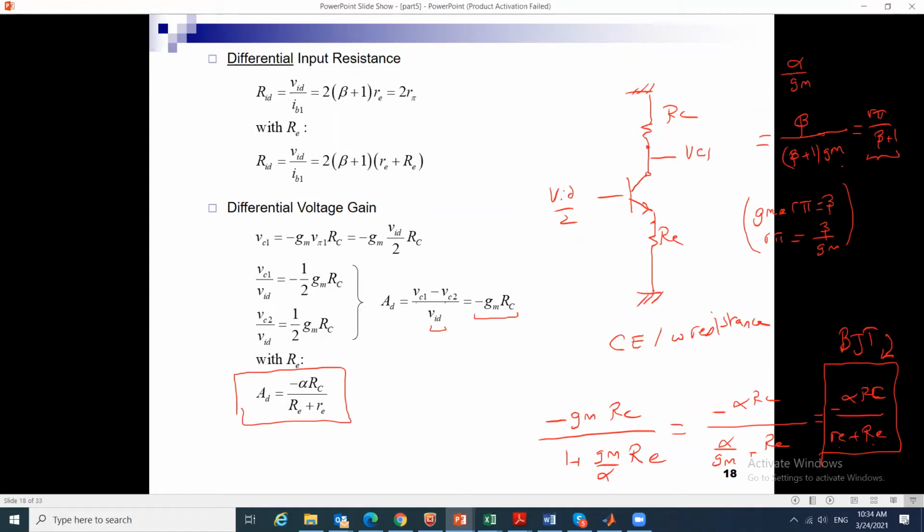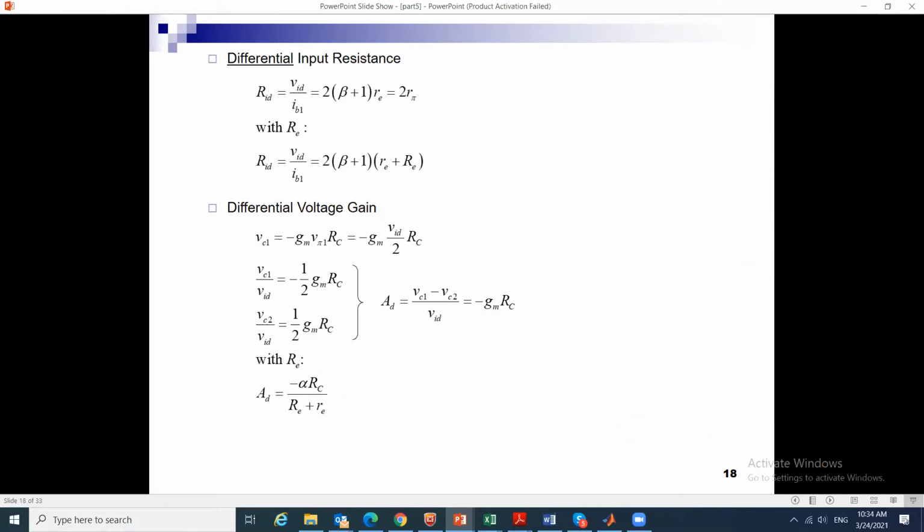He just used the formula sheet and multiplied by alpha over GM up and down and found the equivalent equation. Okay, so great. We still have some time before the short quiz. Don't worry for those who joined now. But great, so now I have this formula. So I have the equivalent circuit when I have RE.